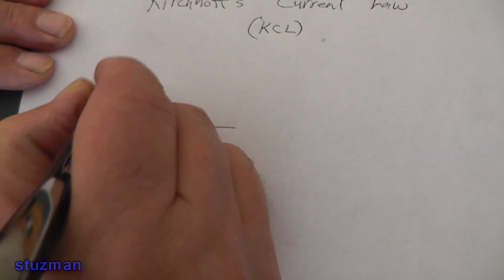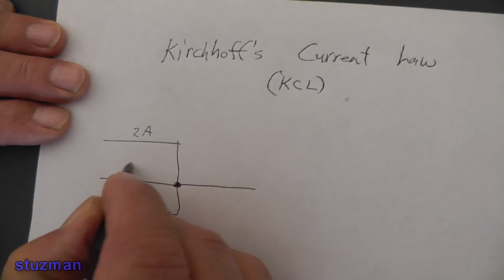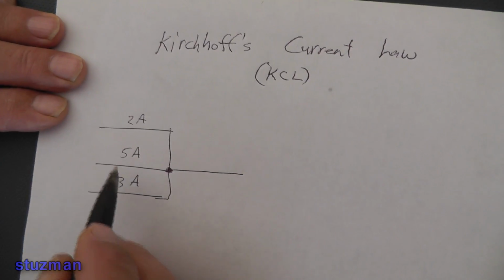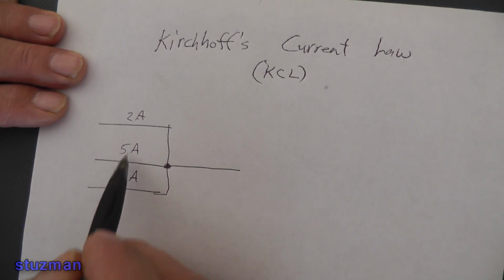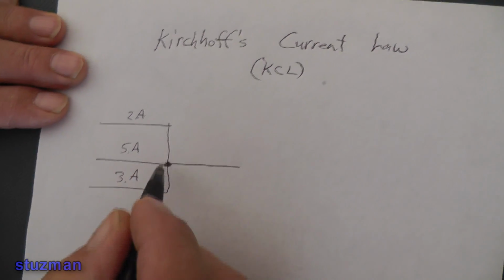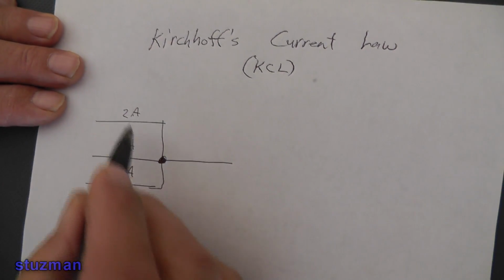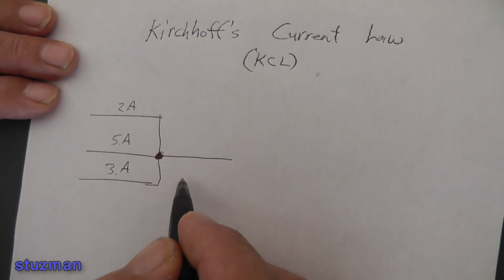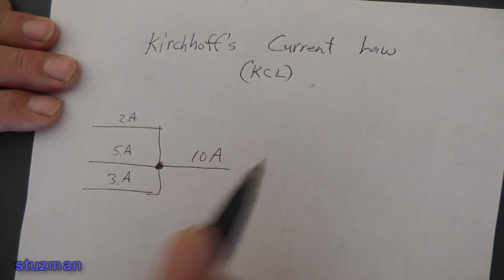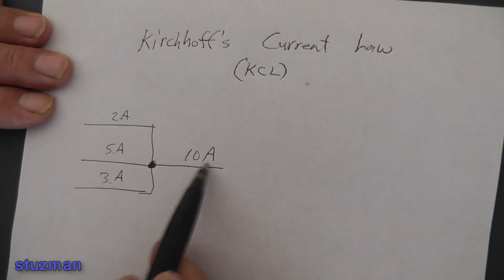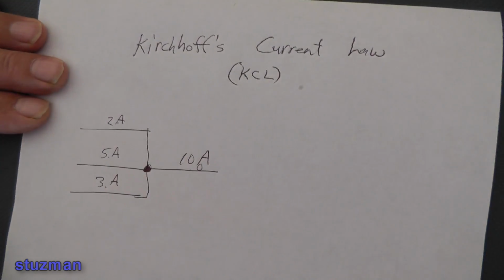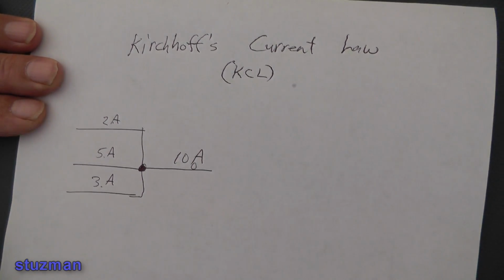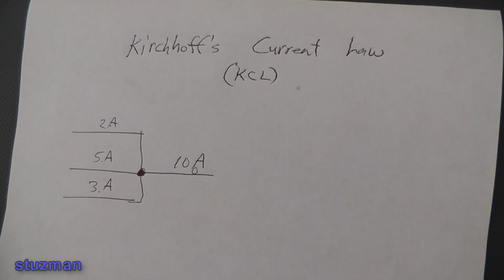Now let's say I had 2 amps here, maybe 5 amps here, maybe 3 amps here. Well, what it's saying is that the sum of all these currents entering this node, we total these up, and that current has to be equal to 10 amps. Total these up, that's what you're going to get out here, 10 amps. And that's it in a nutshell. Okay, so now let's go to the next thing here.